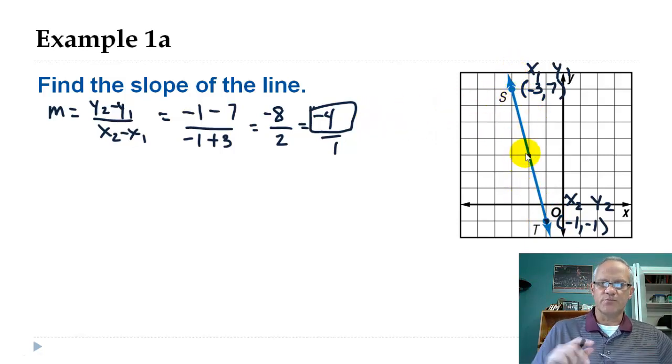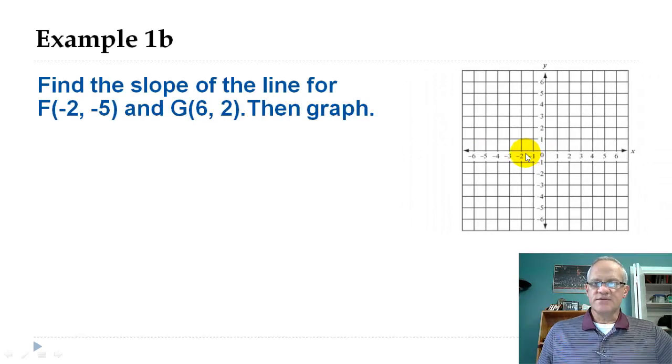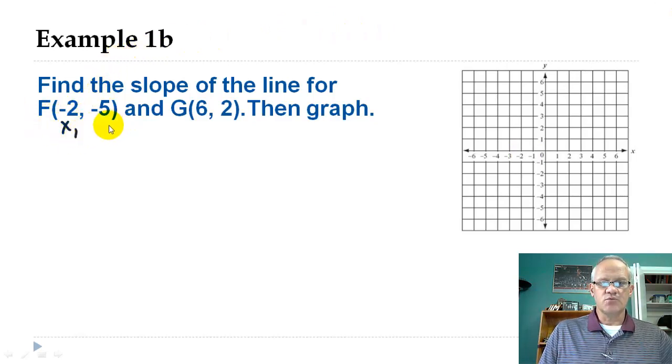Okay, let's look at another example. All right, this one we don't have the graph, we just have the points, but we'll graph it after we figure the slope. So let's go through this. I'm going to call this x1, y1, x2, y2. All right, so remember, on the top you just take the second y minus the first, so that's going to be +5.